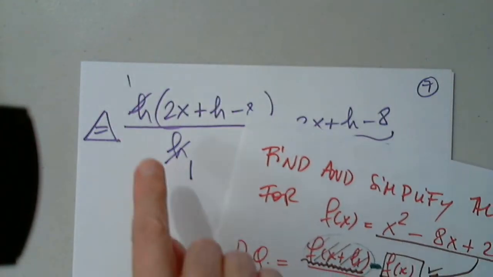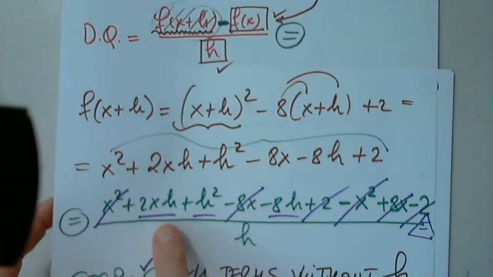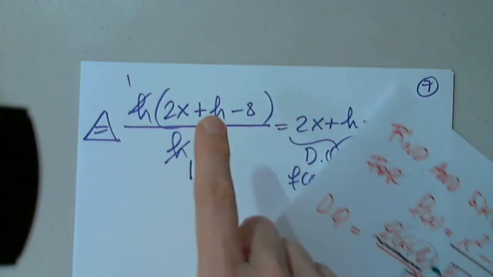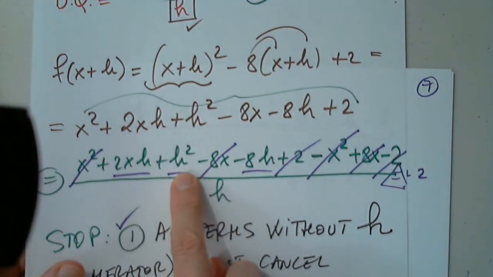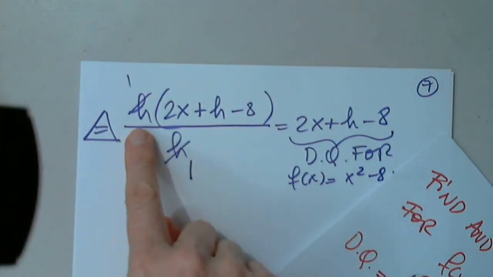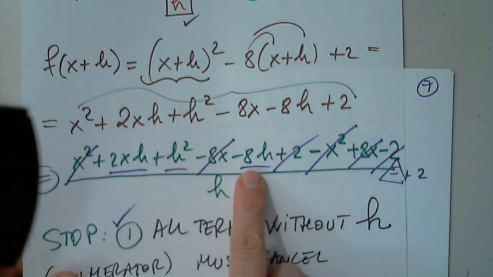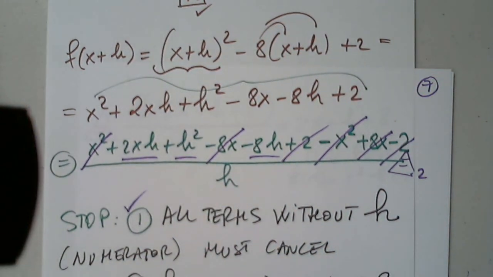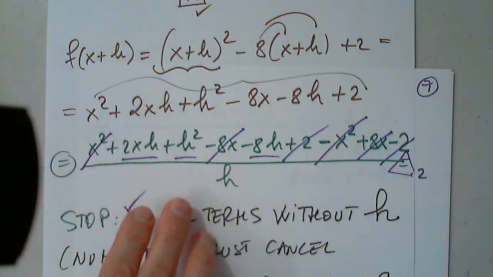You see h times 2x is 2xh? Do you see h times h is h squared? Oh yeah. And h times negative 8? I understand, because when I was answering your question, I started with h because I put it in a row for myself. h squared plus 2xh. What was left? Nothing. I'm sorry. I understand. Is it better now?